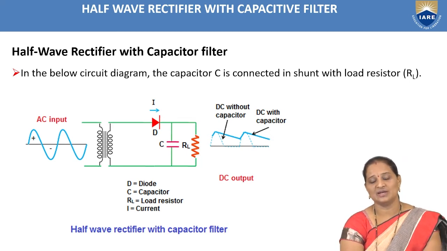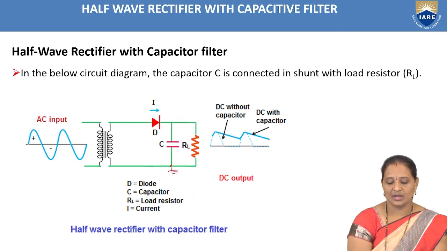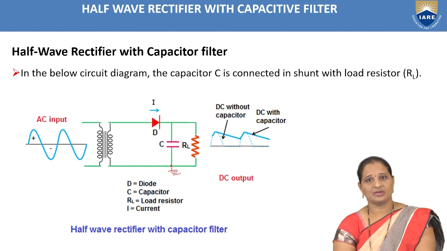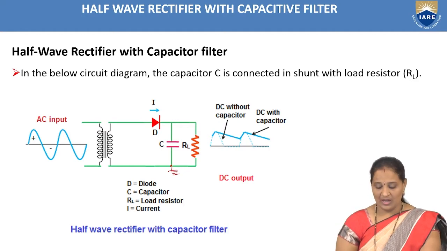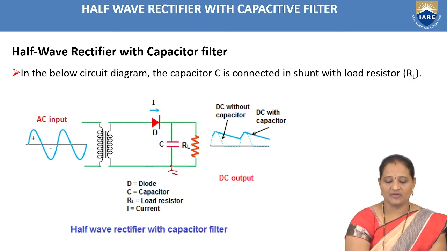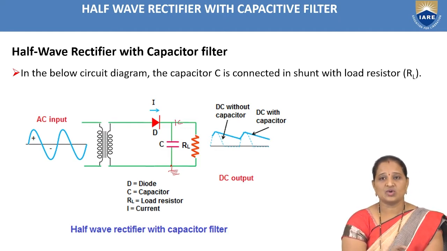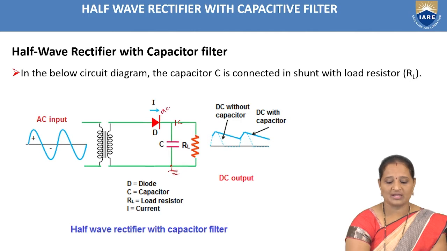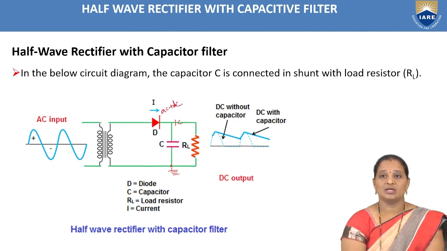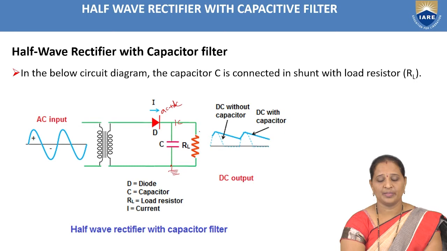Why not in series? As we all know, the capacitor allows AC components, whereas DC components are blocked. If you connect the capacitor in series like this, what happens? The output of the rectifier consists of AC plus DC, whereas we require only the DC component, and I have to remove the AC components present in the output of the rectifier.